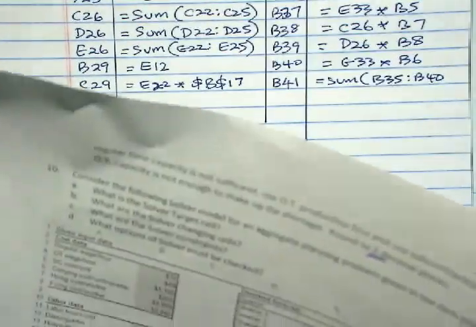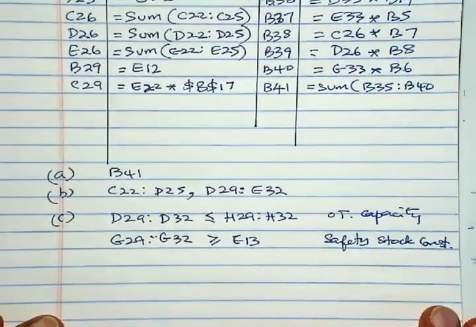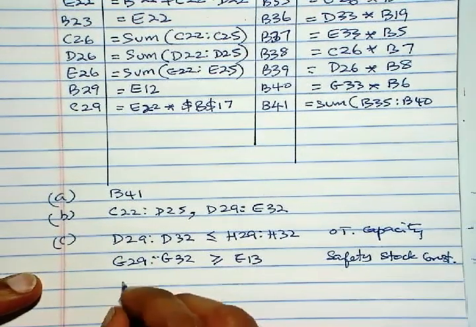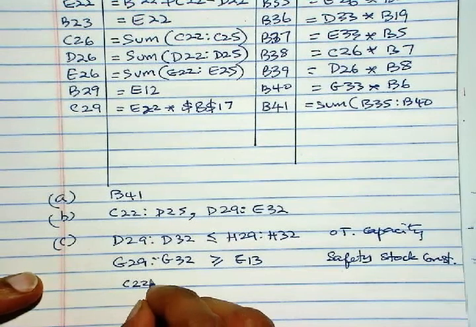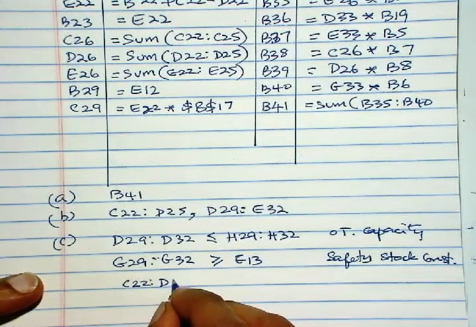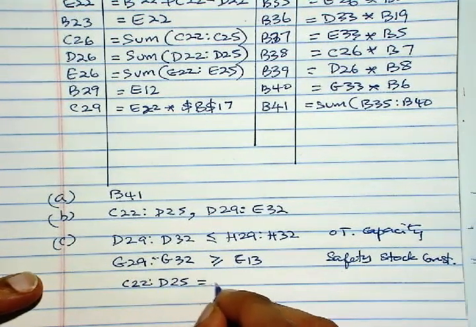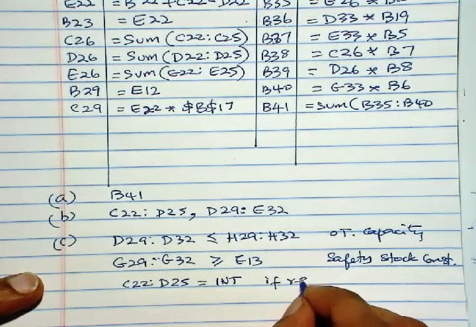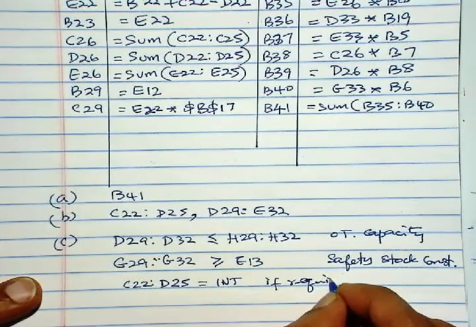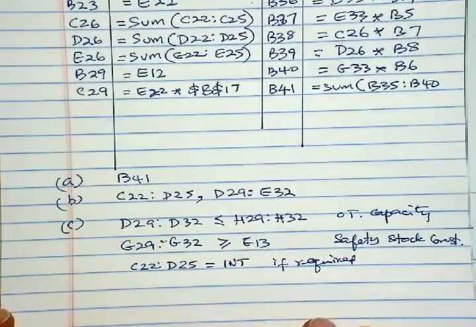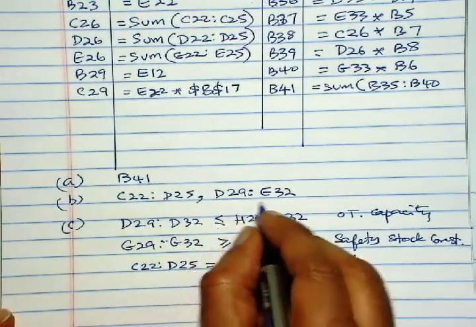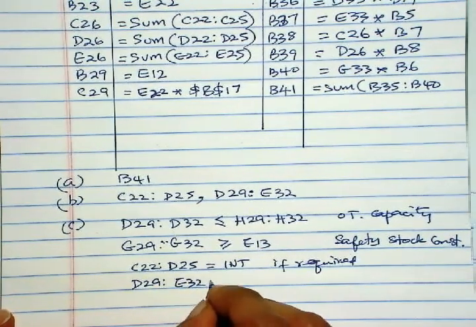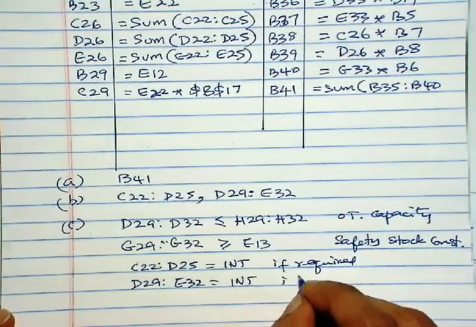And the changing cells may have to be integer, so if required you have to add C22 to D25 equal to integer, because if it automatically comes out to be integer, then there is no need. And then the next one is D29 through E32, also integer if required.